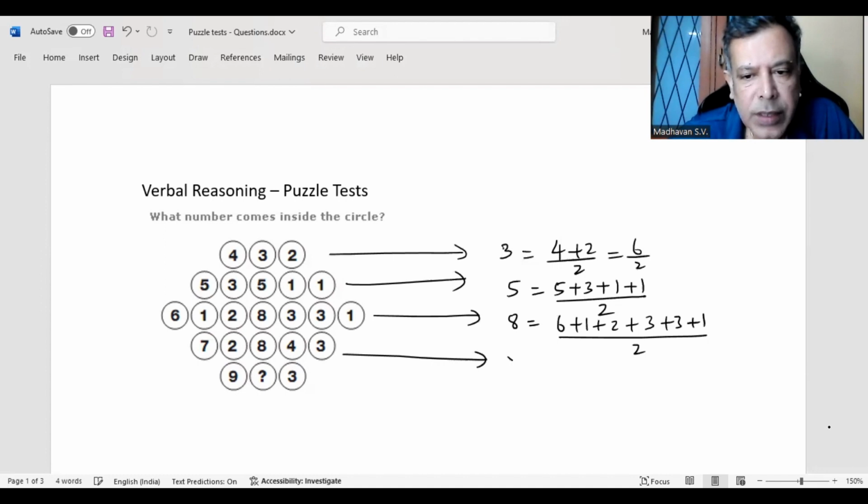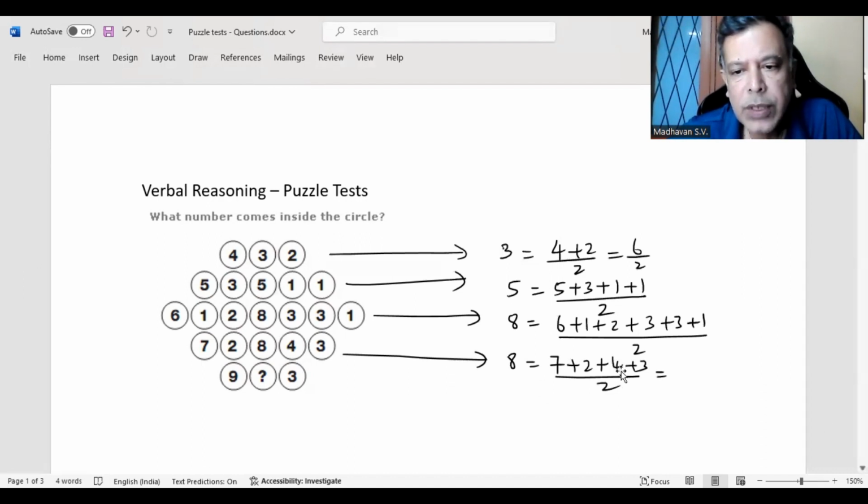Even let us check this. Middle number is 8 and some of the other numbers are 7 plus 2 plus 4 plus 3 divided by 2. Let us check this. 9 plus 4, 13. 13 plus 3, 16. 16 by 2 is 8.